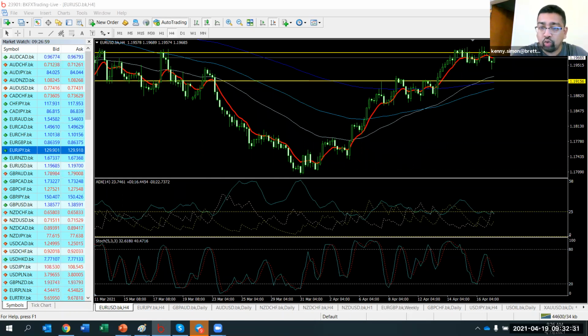What we do with the psychological level is to alert us on where the reversal could be. If it is heading downwards, it could reverse very close, within 10 pips of that 108.20. So if you're selling right now, make sure you are looking into exiting before it reaches the 108.20 area.